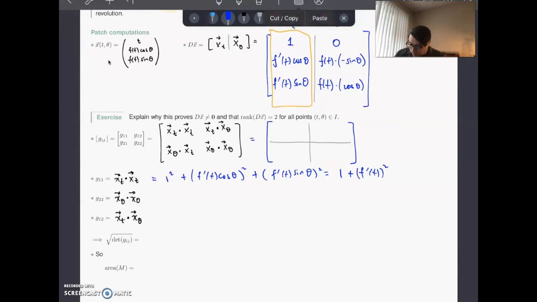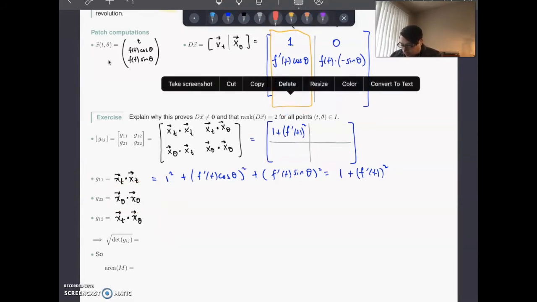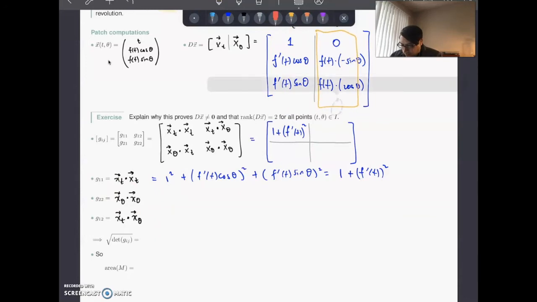Alright, so let's write our first formula here. So 1 plus f prime of t quantity squared. Now let's compute the dot product of x_theta with itself. So if I want to do that, I will consider this next column vector, and let's compute its length.